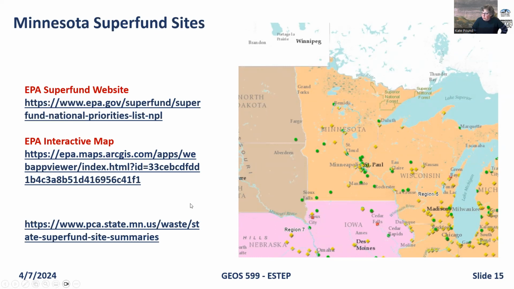There's also a really good link through the Pollution Control Agency in Minnesota that looks at Superfund sites in Minnesota. You can do various searches to find Superfund sites that may or may not be located near you.